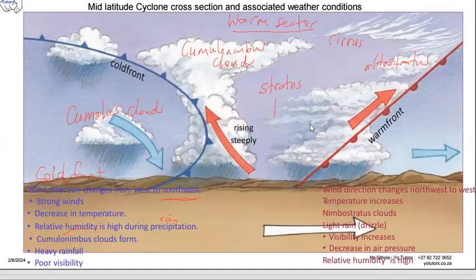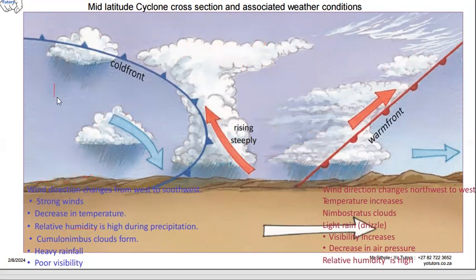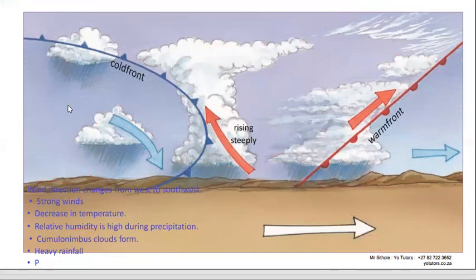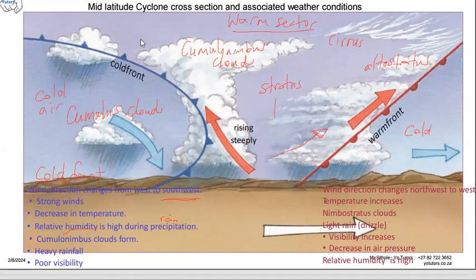Then here on the warm front, warm air is going above cold air. Remember, it's cold air here as well, but it's not as cold as the one that we have here. So here is cold air. Then here we have warm air, which is the warm sector. Then here we've got cold air as well.